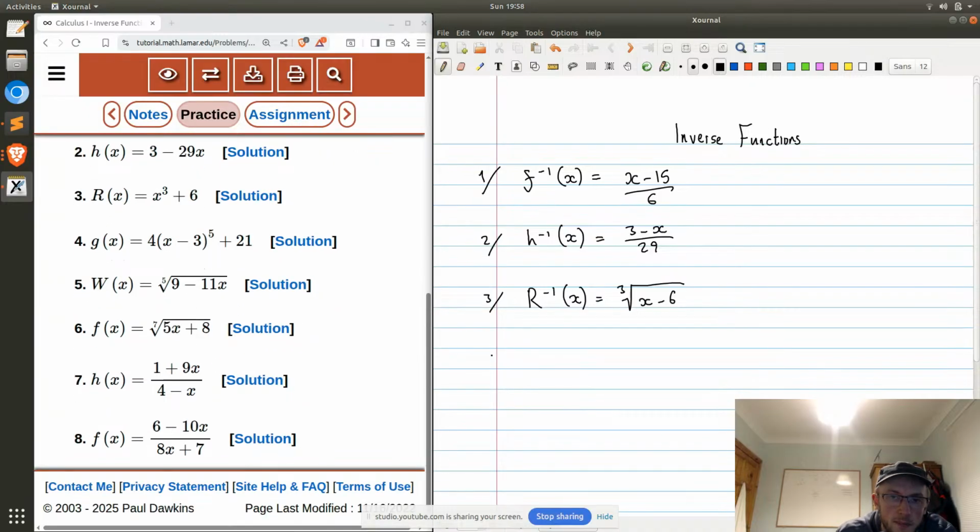And for the fourth one, take 21 divided by 4, take the fifth root, and add 3. So x minus 21 over 4. And add 3.